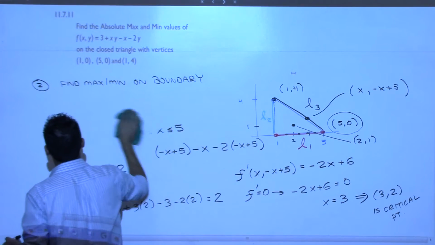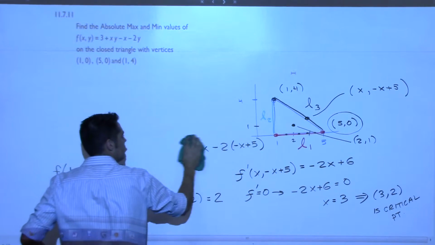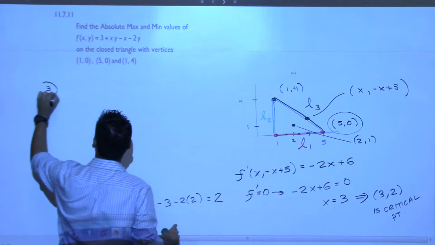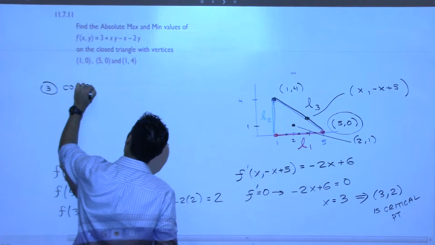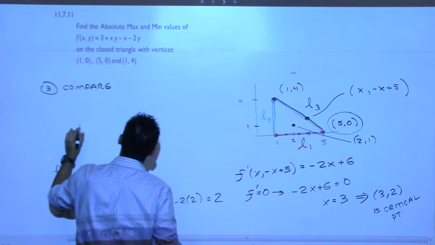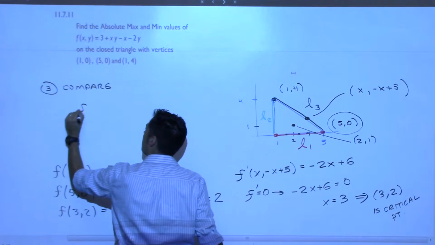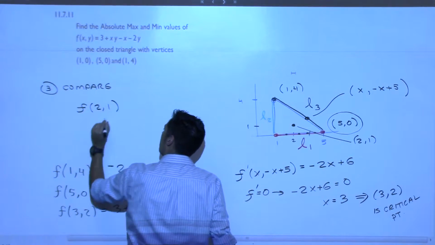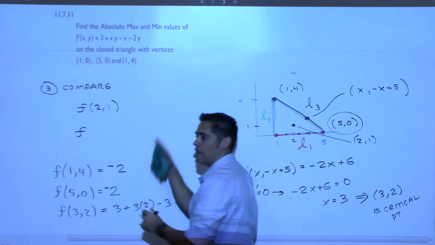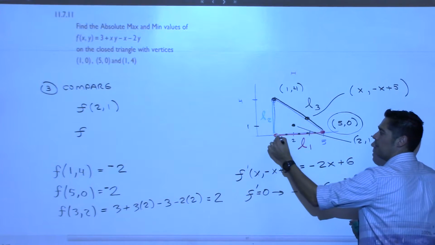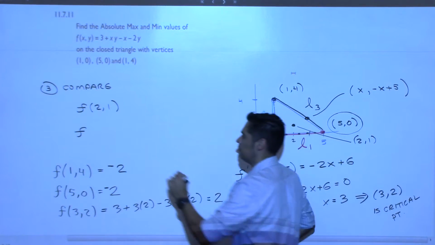We had, from the first part of this problem, so I'm on step 3 of this. I'm going to compare now. I have, from the first part of the problem, this point 2, 1. From all the different lines, L1, L2, L3, I wound up having these 3 corners.